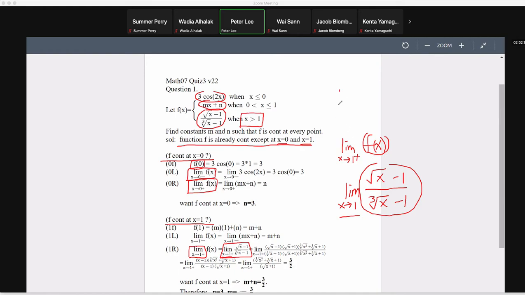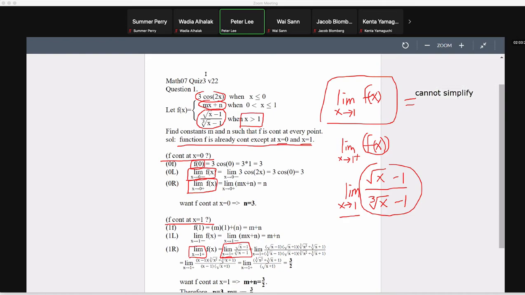Because again, if you have the limit of f(x) as x goes to 1, then what is this expression? Can you simplify this expression? The question is, can you simplify this? This one you cannot simplify. You know why?